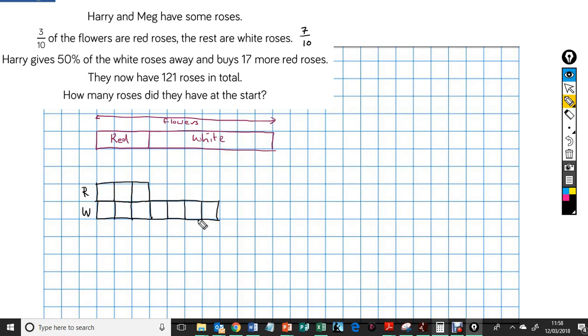Right, so that's our 7/10, and now let's see what happens. What are we told? Harry gives 50% of the white roses away. So that's half of these he gives away. There's 7/10 here, that means 3.5 he's going to give away. So I'm going to cut this down the middle, and this is what is going to be given away.